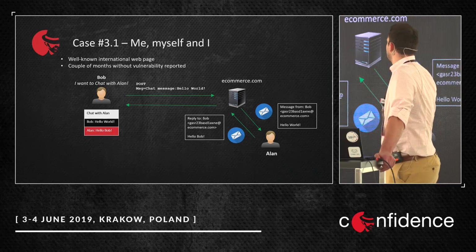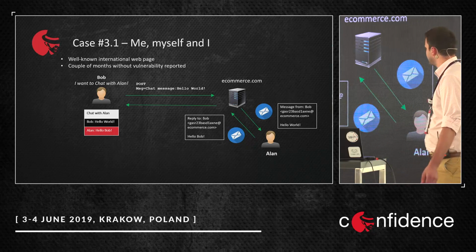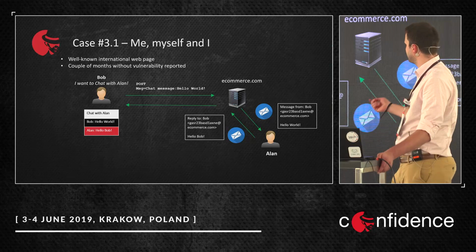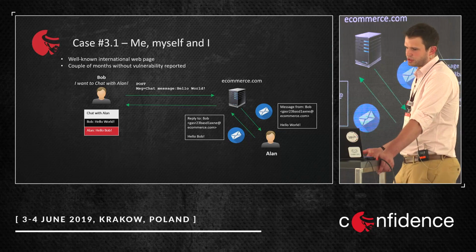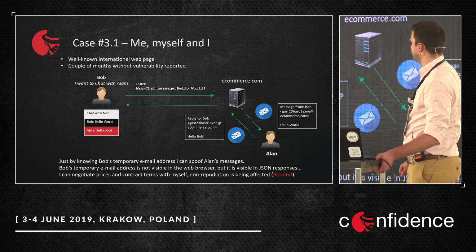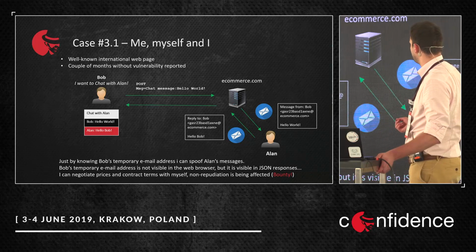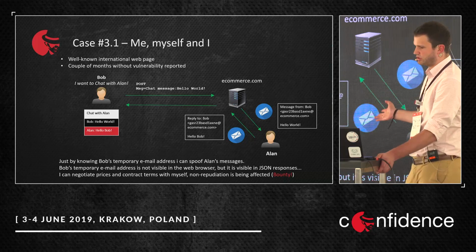Obviously, if you know the sender's and the recipient's temporary email address, you can easily spoof the message content. And that's exactly what happened. You could spot the sender's email address in some JSON request.